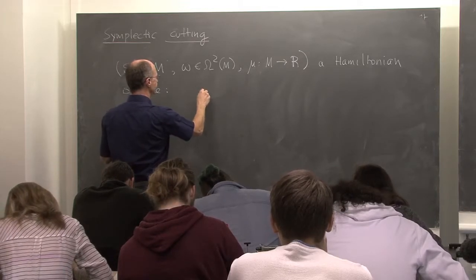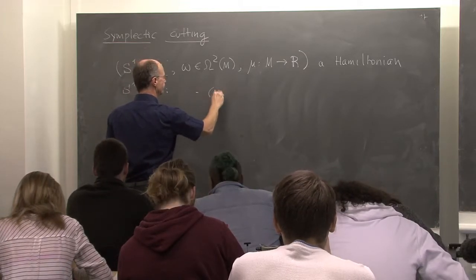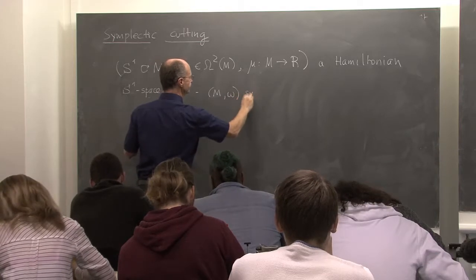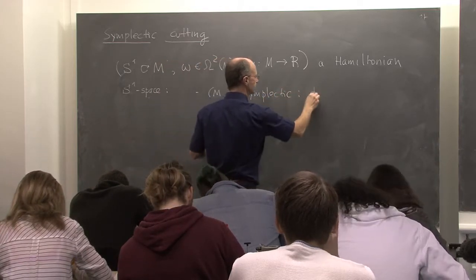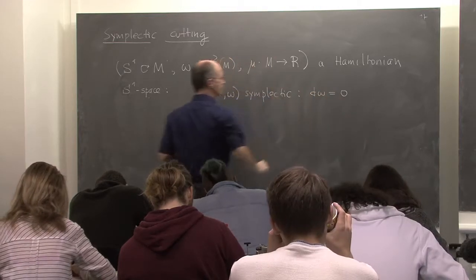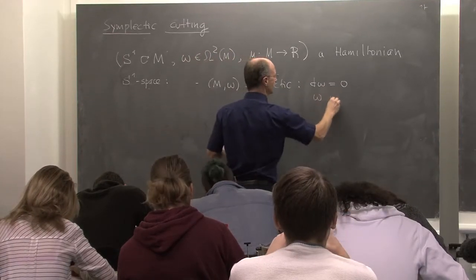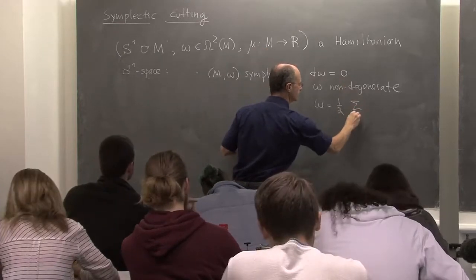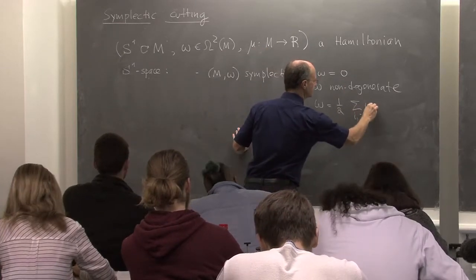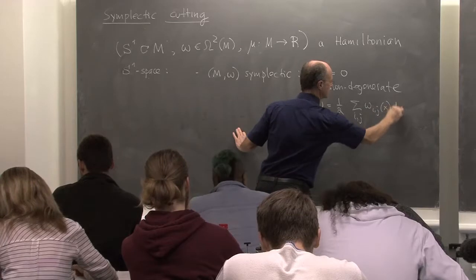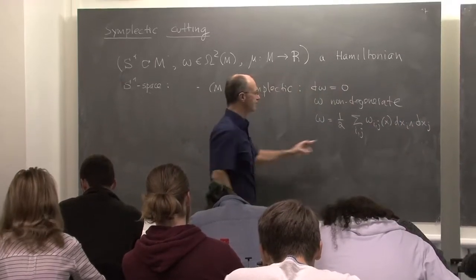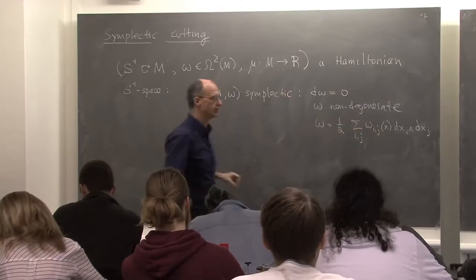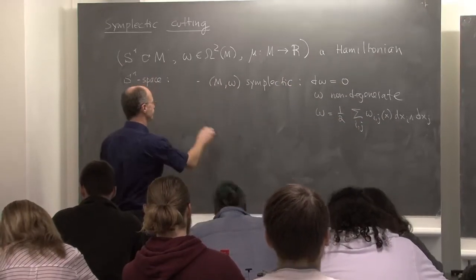So this means the following. M, omega is symplectic, meaning omega is a closed 2 form, and omega written in local coordinates, then omega ij will be non-degenerate matrices.